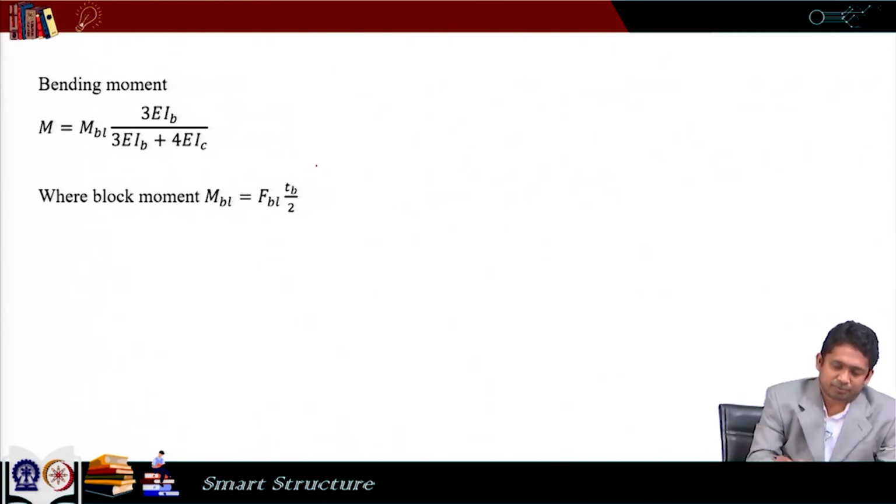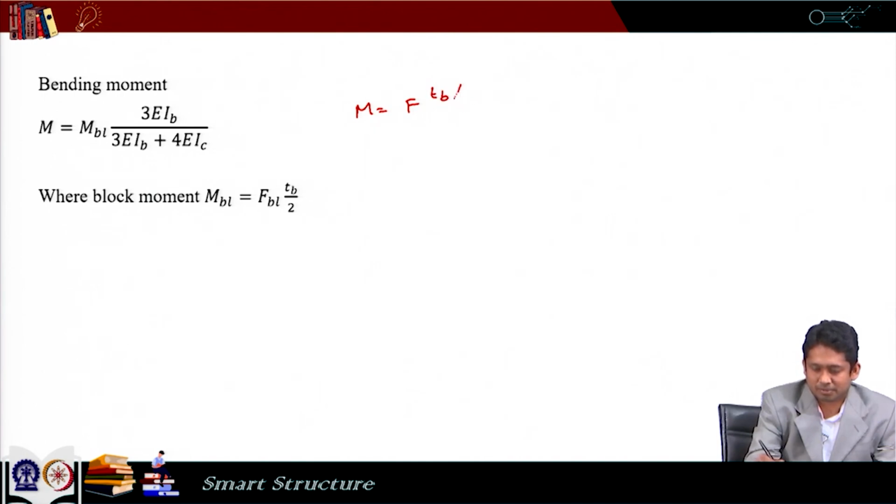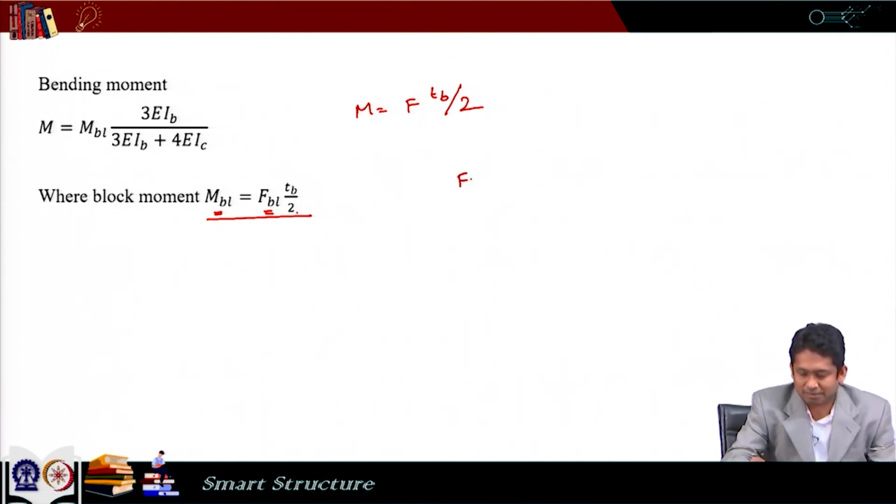Now, if we know the actuation force, we know that the bending moment is equal to F multiplied by TB by 2, and then if we put it here, and again we have the expression for the block force, which is MBL is equal to FBL into TB by 2, and after all these substitutions we can find out the bending moment also in terms of the block bending moment. So, actually we need both F and M, and we have got those. So, using both of these quantities we can find out whatever we need in the beam, its deformation, its stress, strain, and so on.